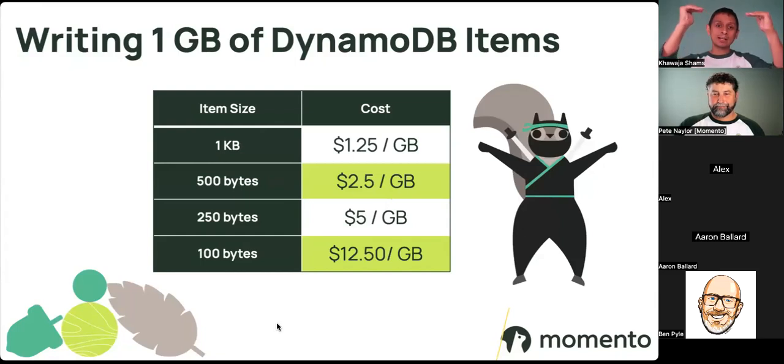If your item size is 0.5 kilobyte, I just did some easy math there, the price per gigabyte actually doubles. It's $2.50 per gig. And if it's 250 bytes, it's $5 a gig. And if you're writing very tiny objects, your price per gigabyte to write it actually goes up to $12.50. And we'll share some tips in a few minutes on how to avoid paying $12.50 for your 100 byte items.